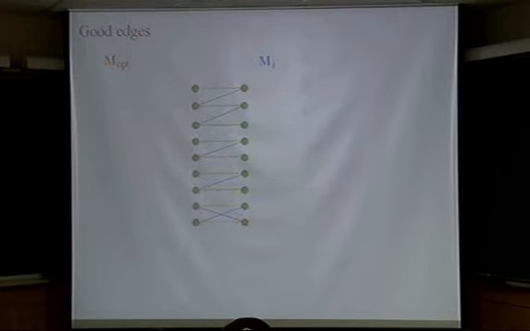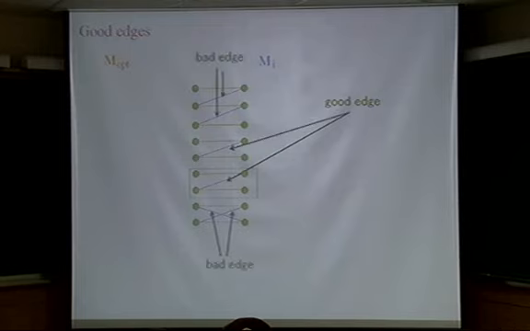We consider the matching component of a length 3 path that has 2 opt edges and 1 Mi edge. And we define the intermediate Mi edge of this component as a good edge. I will show why this is good later. So this is good, but these are bad.